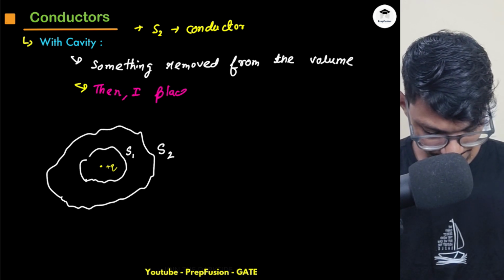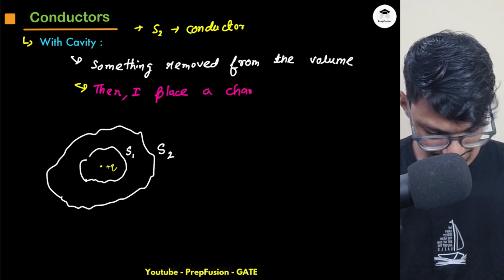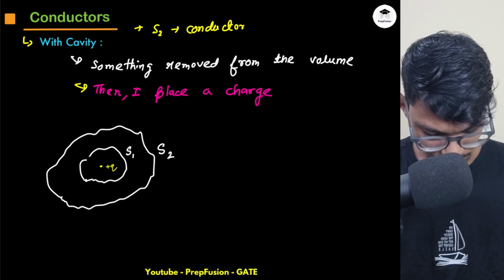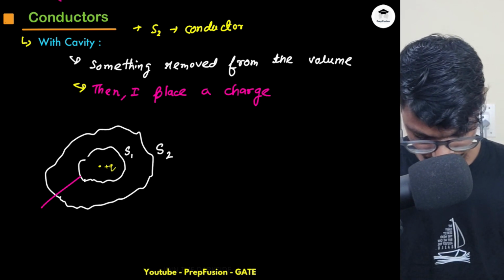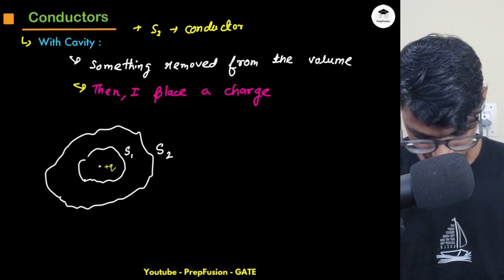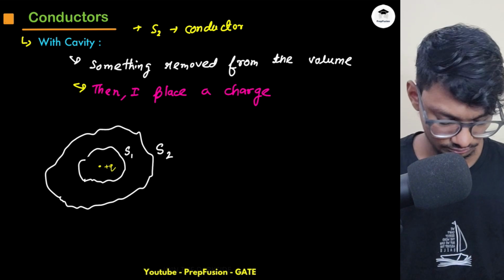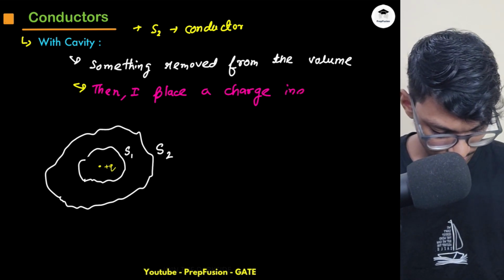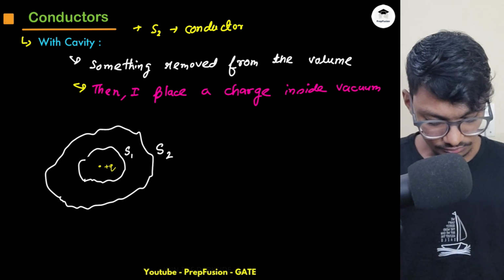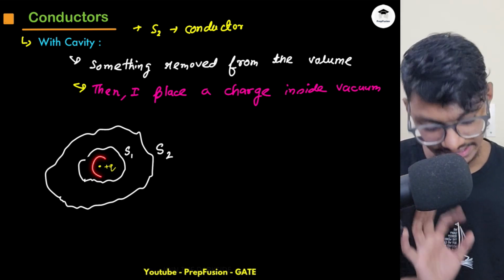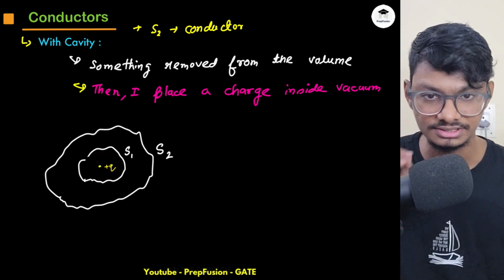Then I place a charge inside the vacuum, or air. Now it will not move, it will stay as it is, because this is not a conductor, this is simple vacuum.